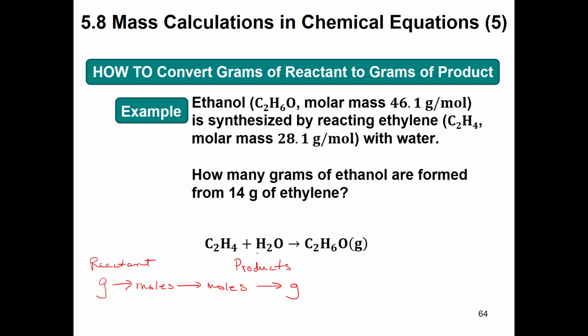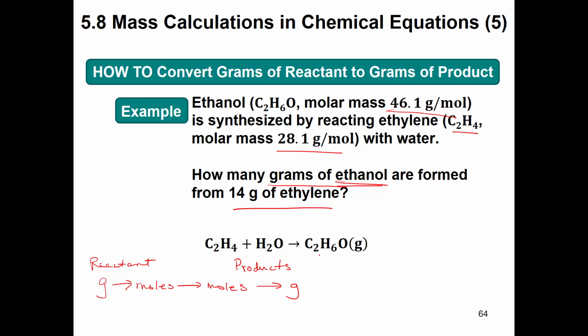Alright, so the question is: ethanol, whose molar mass is 46.1 grams per mole, is synthesized by reacting ethylene, C2H4, with a molar mass of 28.1 grams per mole, with water. How many grams of ethanol, so that's what we're looking for, are formed from 14 grams of ethylene?